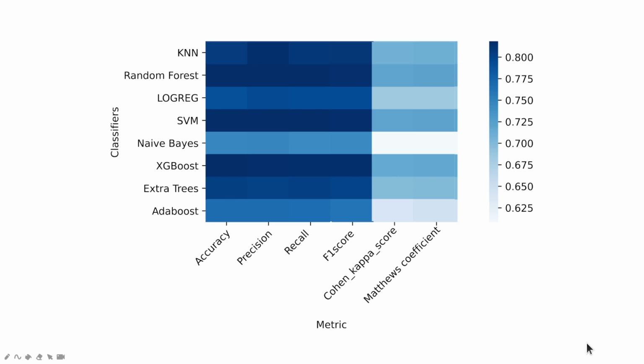And so using that, we can see that in general all the classifiers had low scores for these two metrics, Cohen-Kappa and then Matthews coefficient, because from the color scheme you see that they are very light or somewhere between. So most of them were between this particular color range.